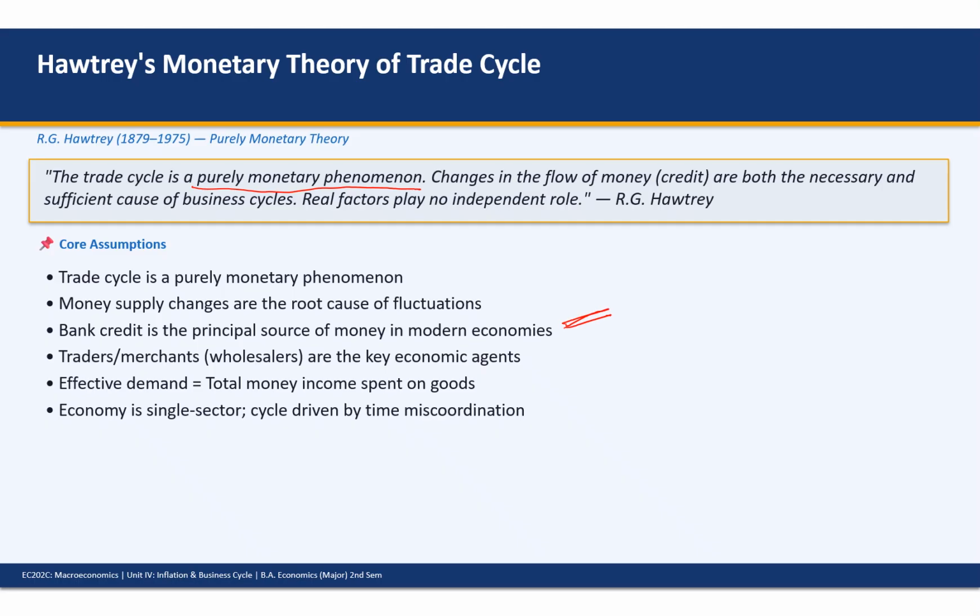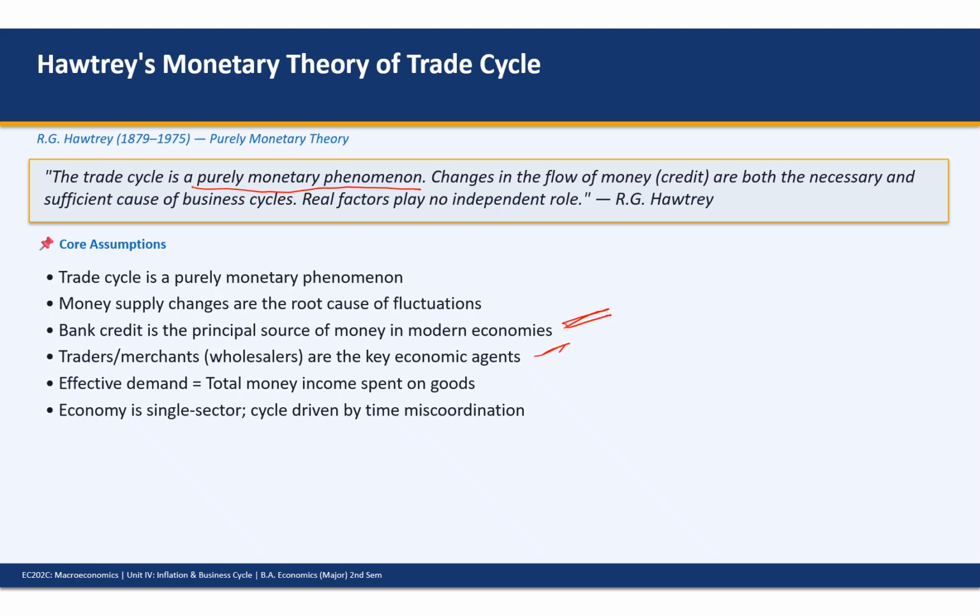He also gave special importance to traders and wholesalers, who are considered key economic agents in his economy, because they borrow from banks, hold stock, place orders with the producers, and therefore transmit monetary changes throughout the economy.